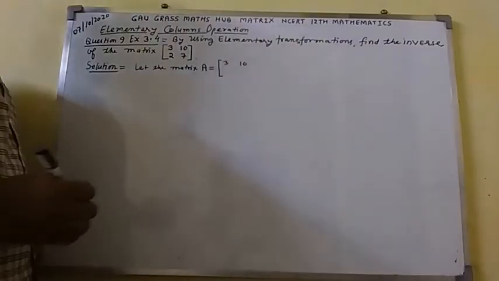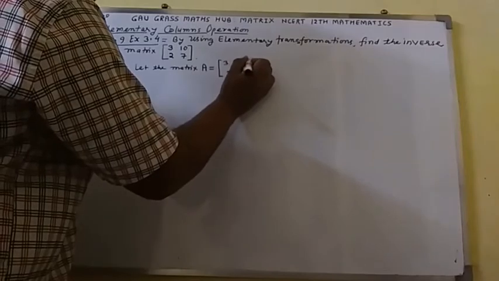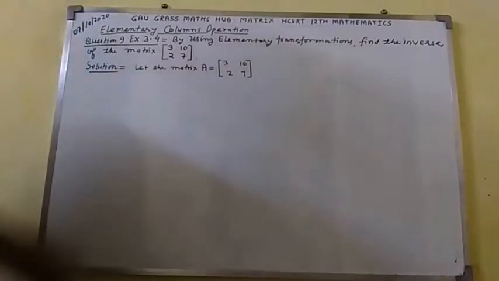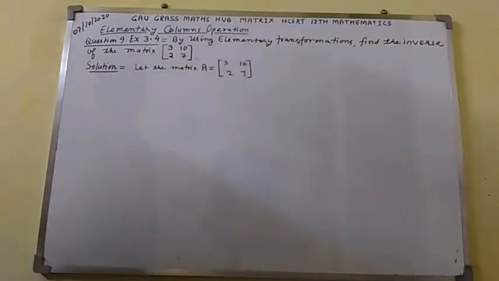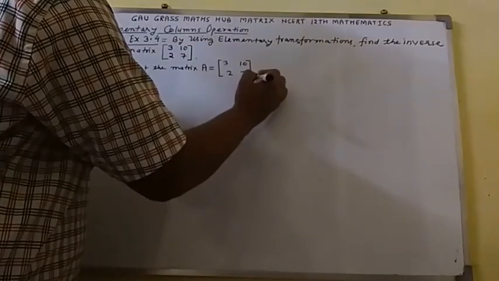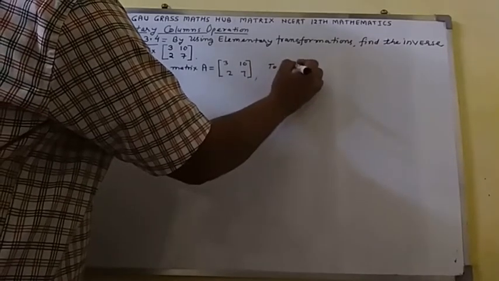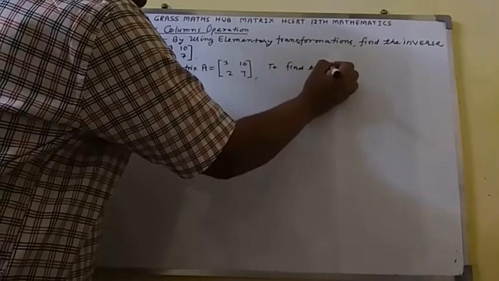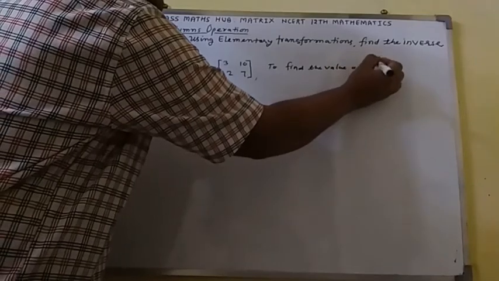The elements of the second row I shall write 2, 7. Closing square bracket. This is a matrix of order 2 cross 2, of which you have to get the value of the inverse. To find the value of A inverse here.